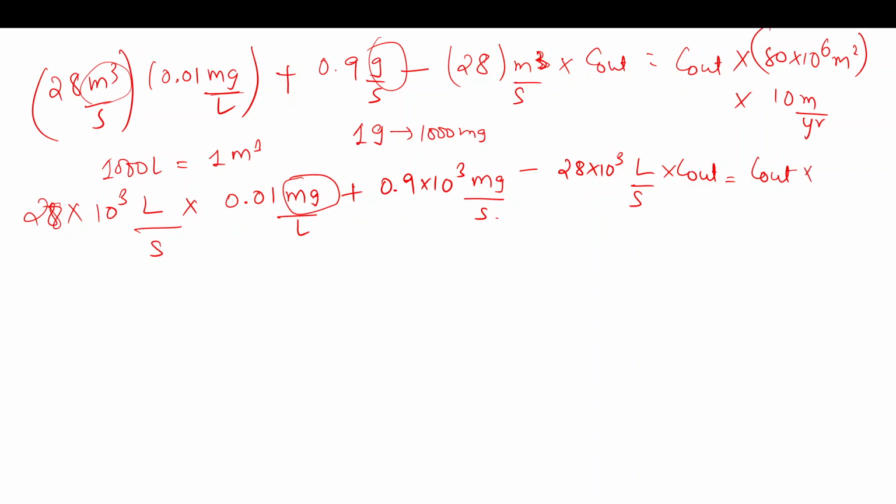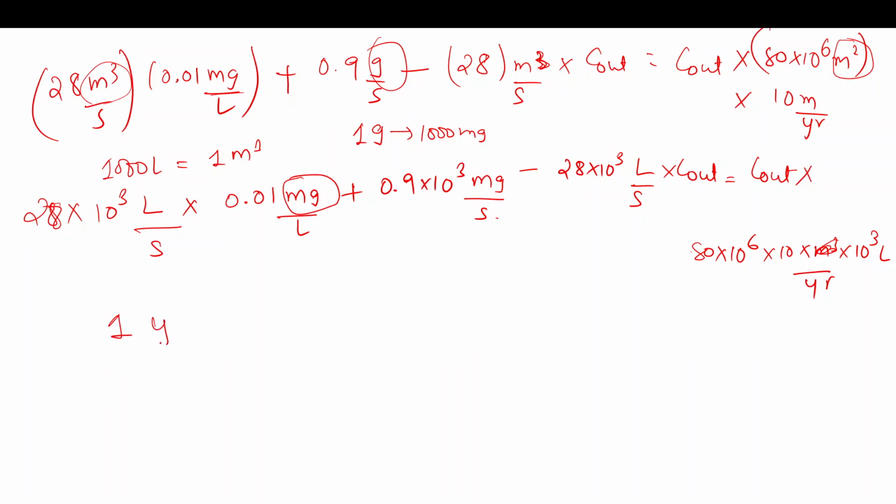Now this is 80 into 10 to the power 6 into 10. This whole will be meter cube per year. Since 1 meter cube is 10 raised to 3 liters, this meter cube is converted to liters, and you need to convert 1 year into seconds.